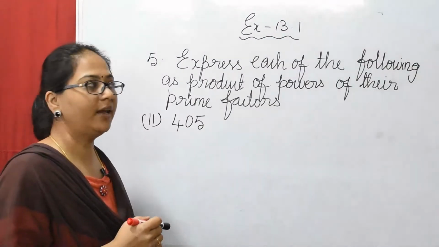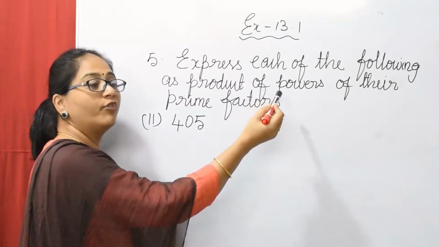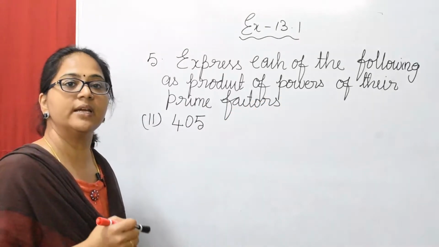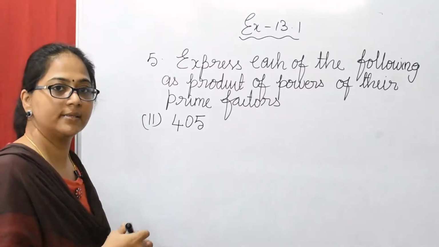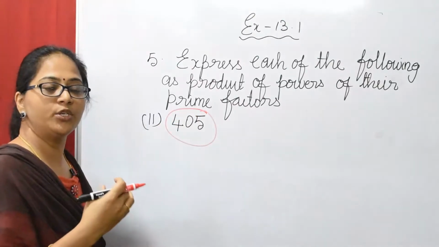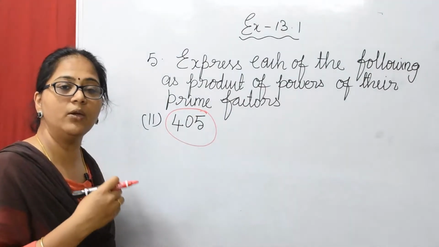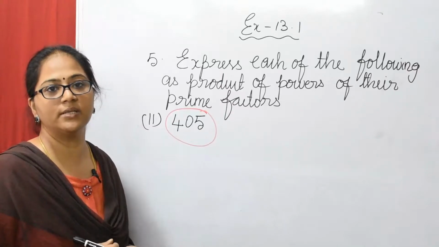Now question 5. Express each of the following as product of powers of their prime factors. The instruction given to us is we are going to factorize 405, only using prime numbers. What do you mean by prime numbers, students?